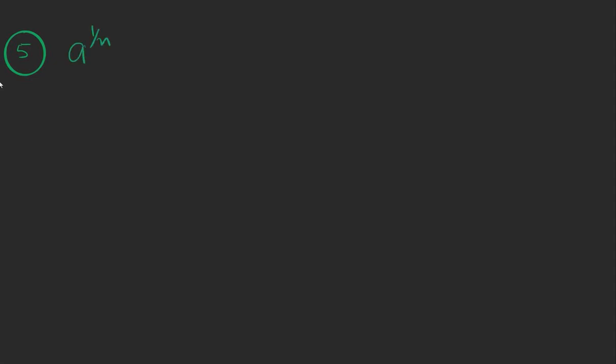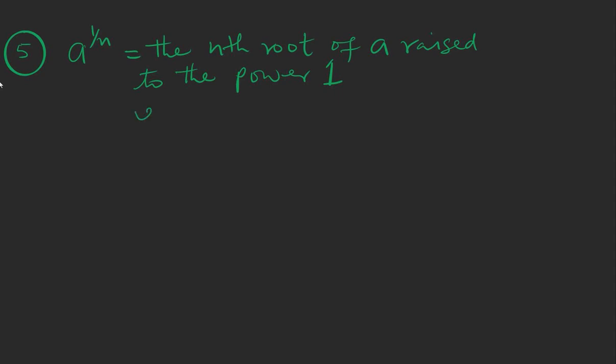The fifth rule of indices is a raised to the power 1 over n. This one is known as the nth root of a raised to the power 1. It is usually said to be the nth root of a.